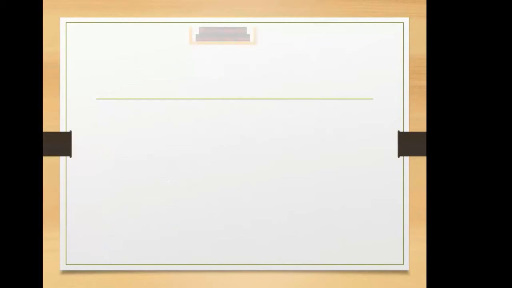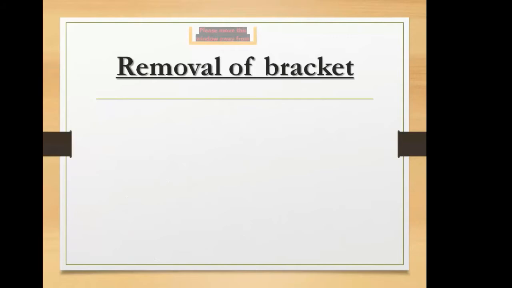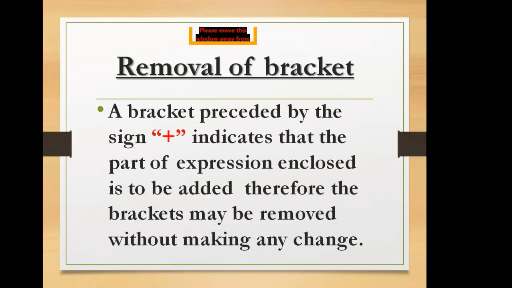Let's check one example for more clarification. First of all, how can we remove a bracket step by step? A bracket preceded by the sign plus indicates that the part of the expression enclosed is to be added.